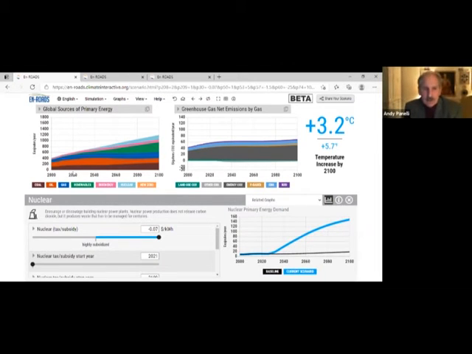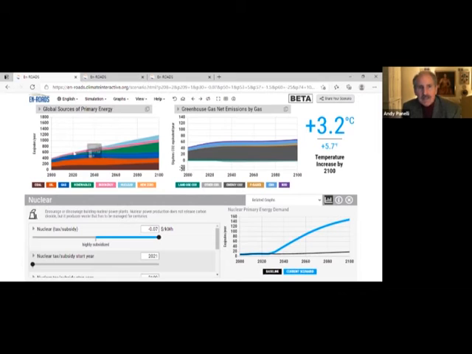Let's take a look at what's going on between 2020 and 2040. 2020 to 2040 is because we're putting 40 gigatons of carbon dioxide in the atmosphere every year in and year out. We're building up quite a deficit here.